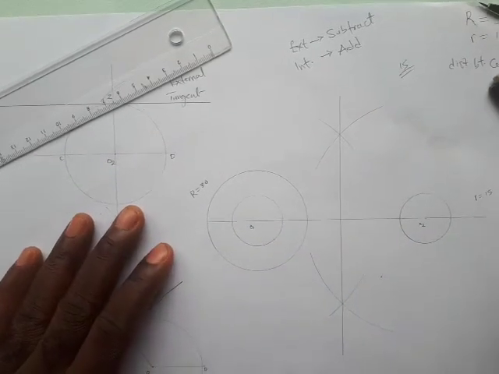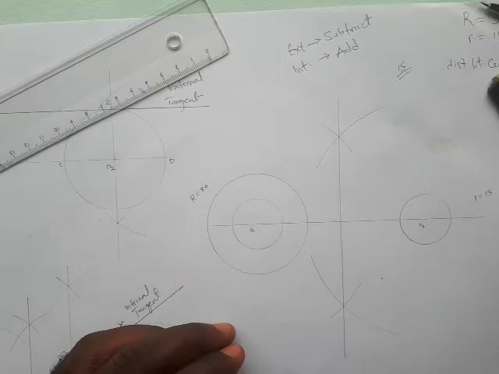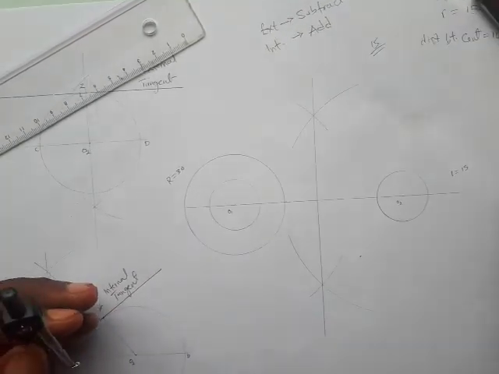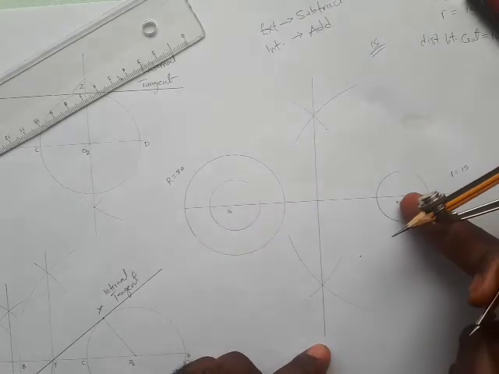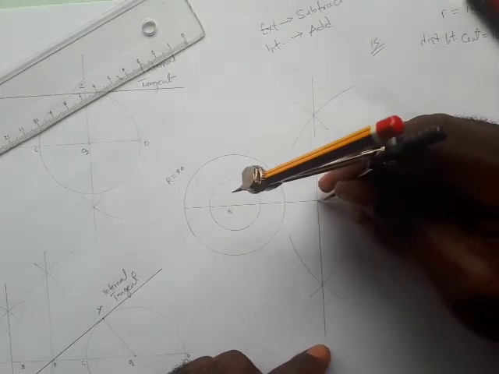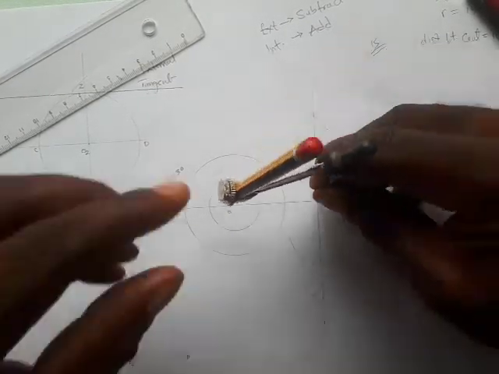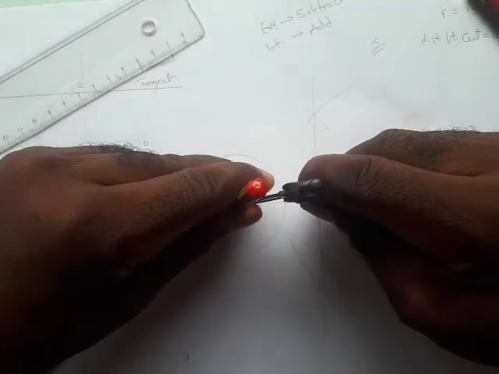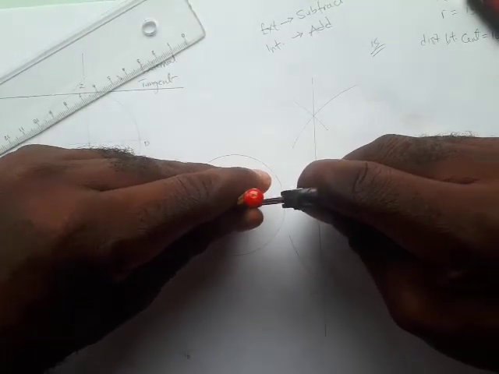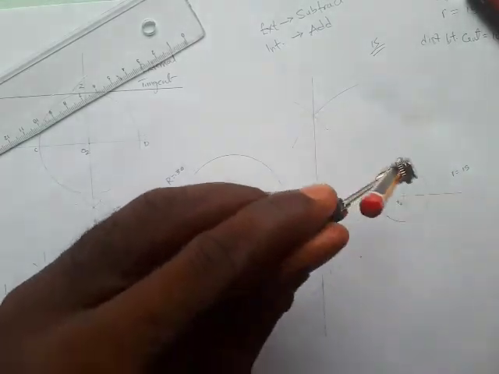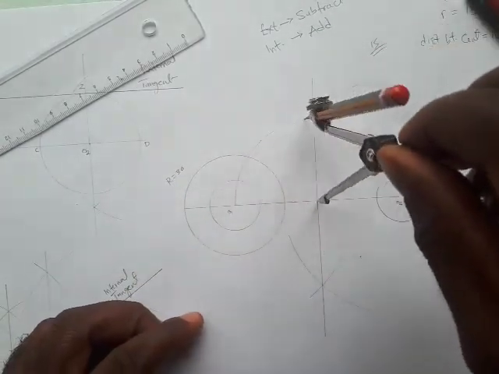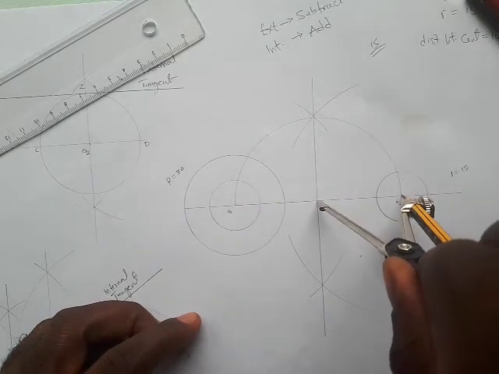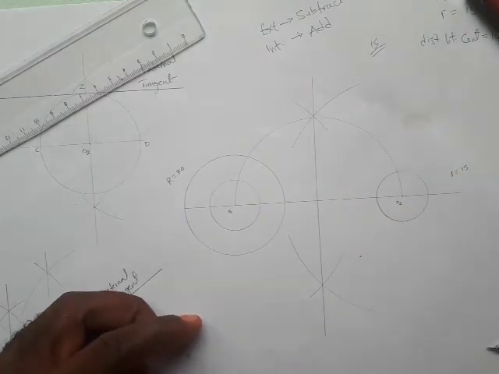All right. So what do we do next? Now remember I skipped a particular step. After bisecting this line O1, O2, please draw an arc. Needle at the center here, stretch to O1. If it is touching O1, it must also touch O2. Okay, now draw an arc like that.